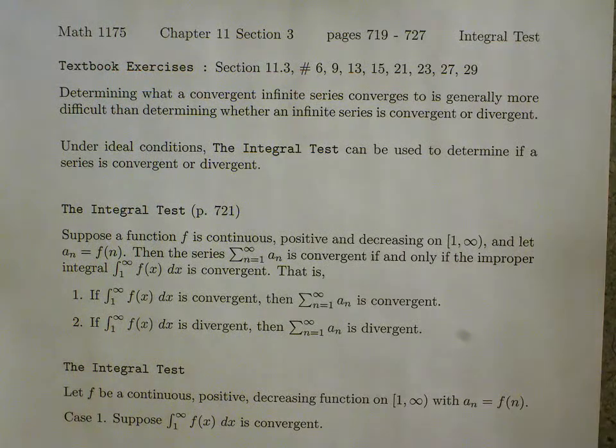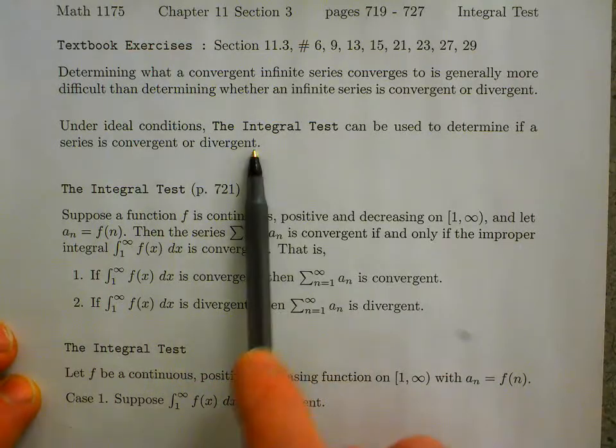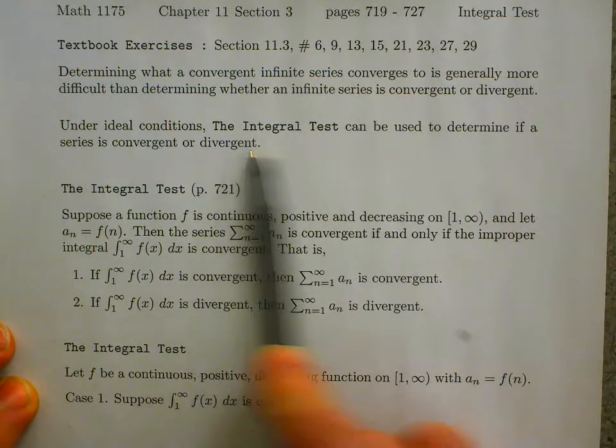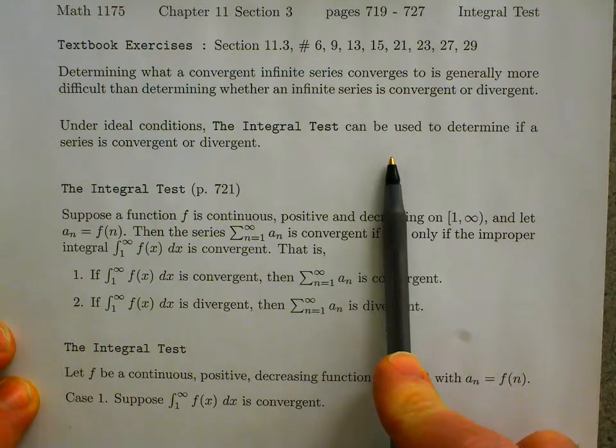Okay, starting at the top, determining what a convergent infinite series converges to is generally more difficult than determining whether an infinite series is convergent or divergent. But under ideal conditions, the integral test can be used to determine if an infinite series is convergent or divergent.